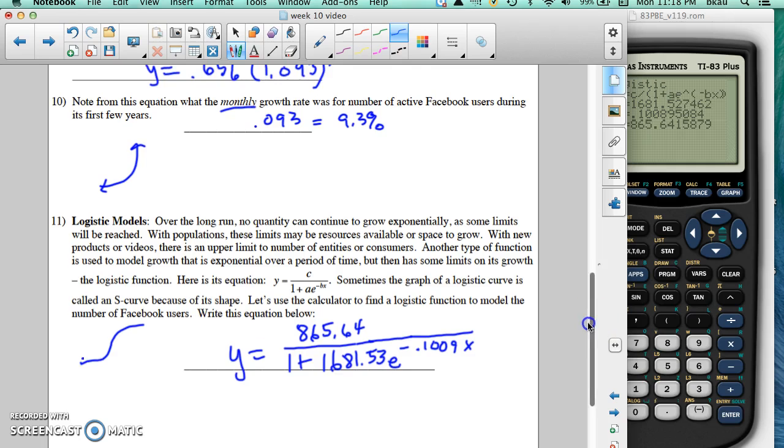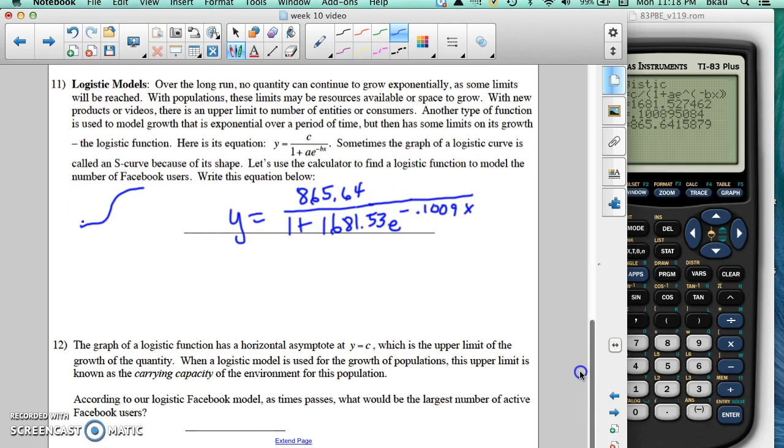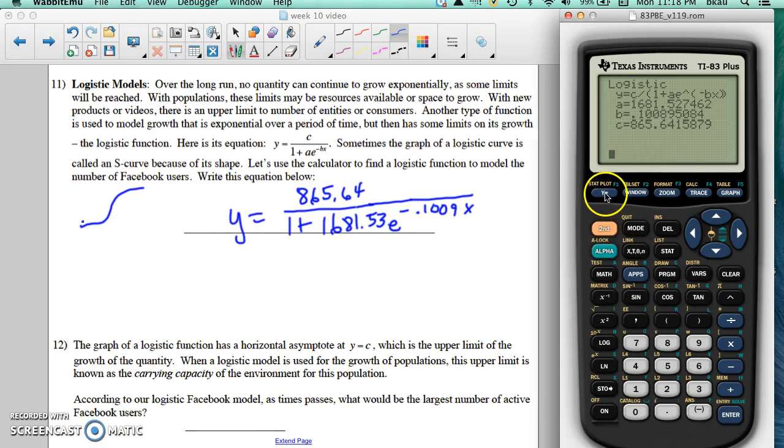Now let's graph that and see how close a function it is. All right, so we're going to take that and put it into our Y equals. I'm not going to get rid of this one. I'm just going to push Enter here so that it doesn't graph that.